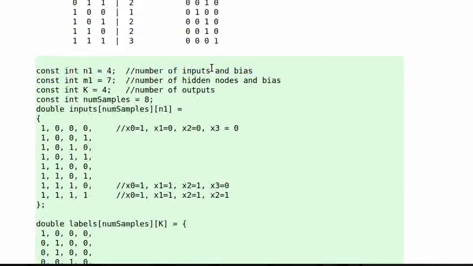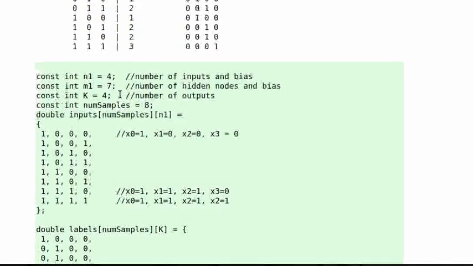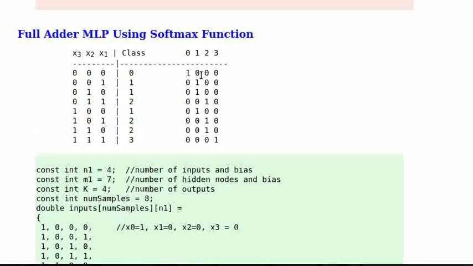Now this is the modified implementation. So here N1 is still 4, 3 inputs and 1 bias. Okay, and M1 is 7, the number of hidden nodes and bias. And K is now 4, the number of outputs, because we have 4 classes.